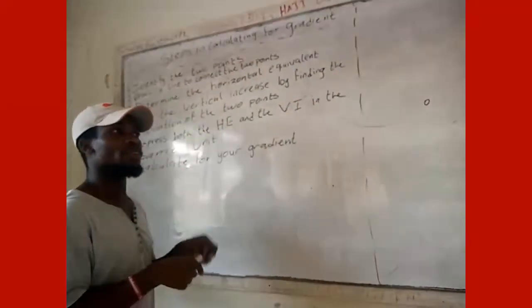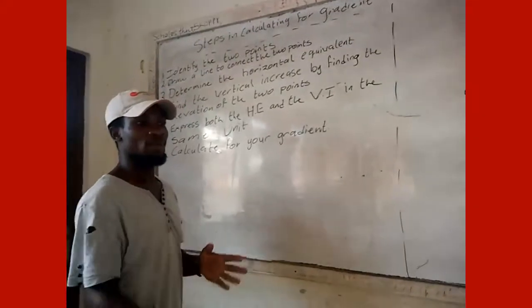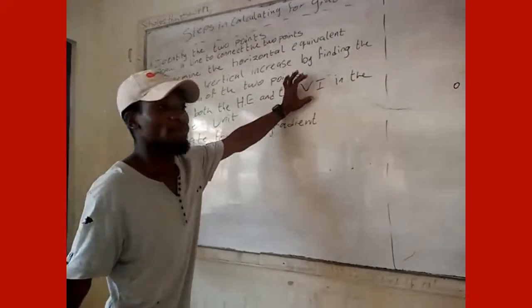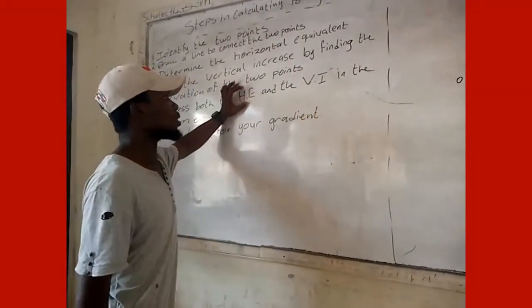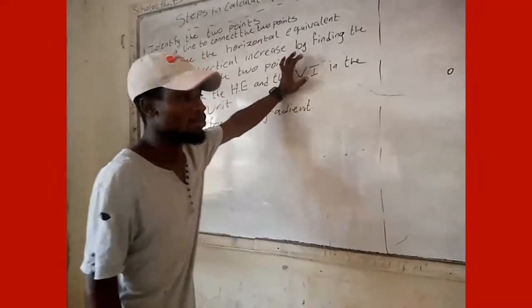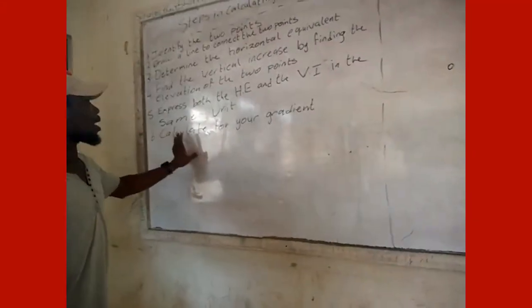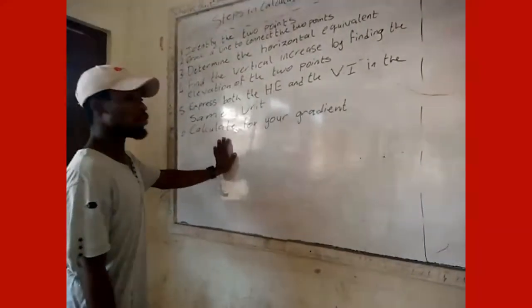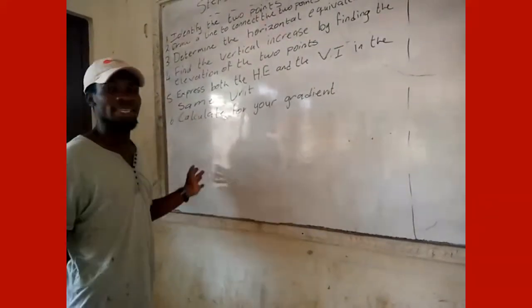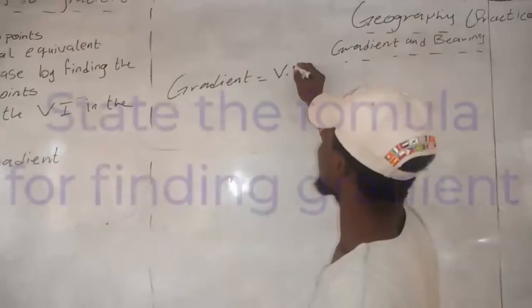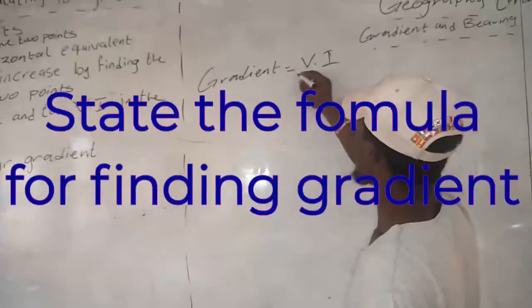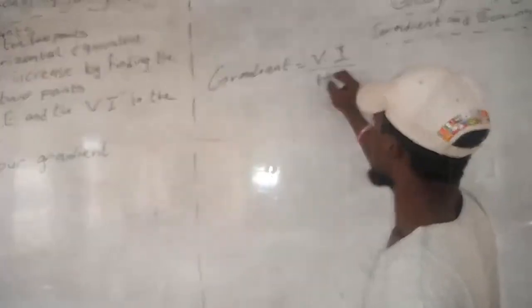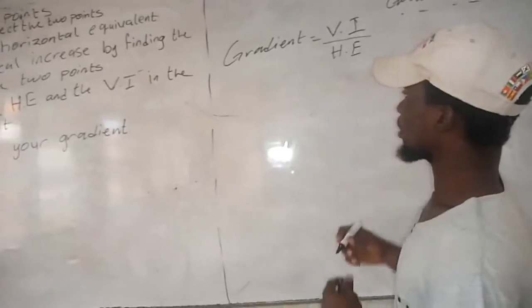So you have to convert them to the same unit. Either convert the feet to meters, or convert the meters to feet. It depends on you. After that, you calculate your gradient, and you are done. Simple as that. Gradient is vertical interval over horizontal equivalent.